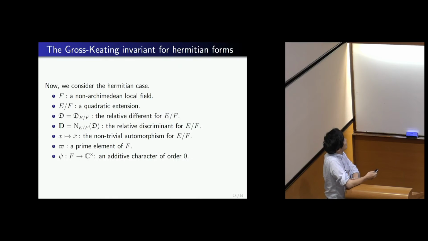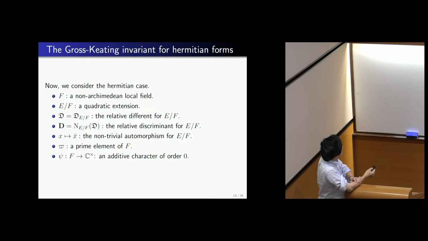Okay. So now I focus on the Hermitian Gross-Keating invariant for Hermitian forms. Now let F be a non-Archimedean local field, and E over F be a quadratic extension.